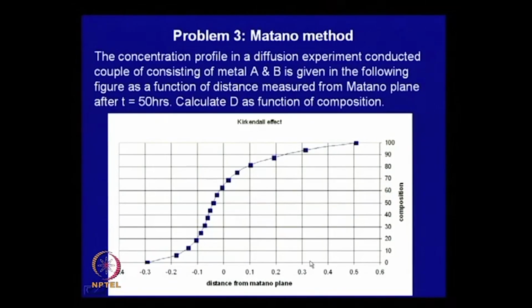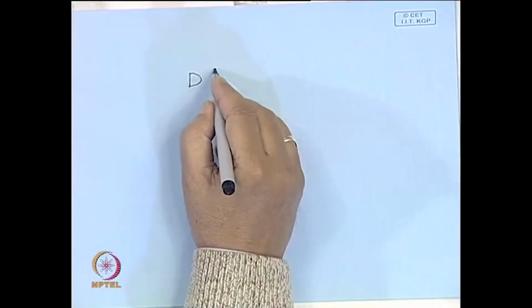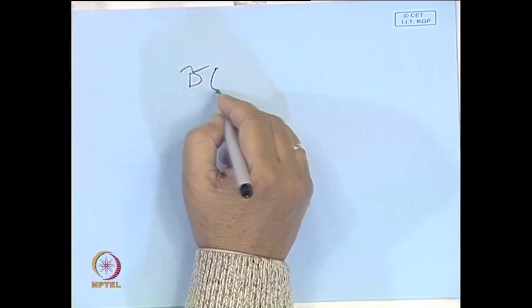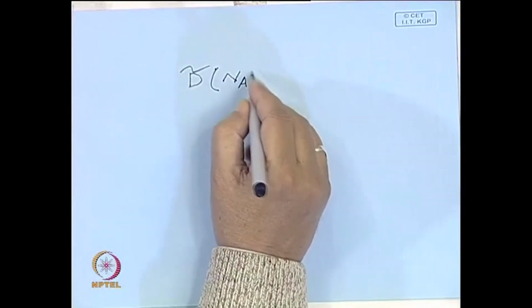Now, the third problem: we will look at the Matano method. The Matano method is very commonly used to find diffusivity in alloys, and we have seen during the lecture that diffusivity is actually a function of concentration, say in a binary alloy.